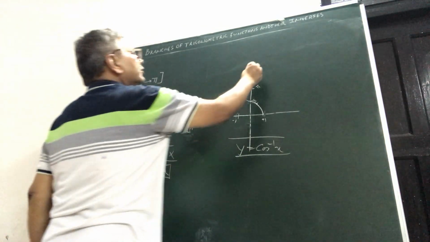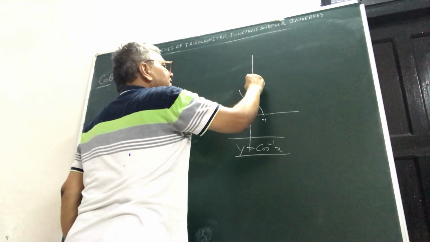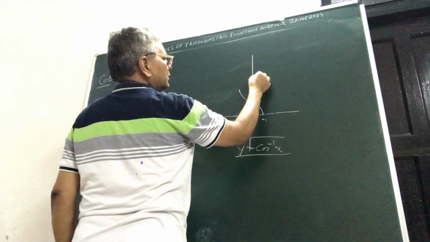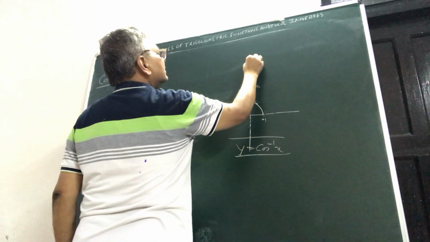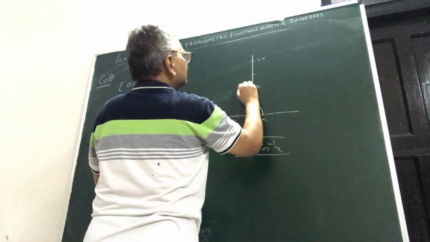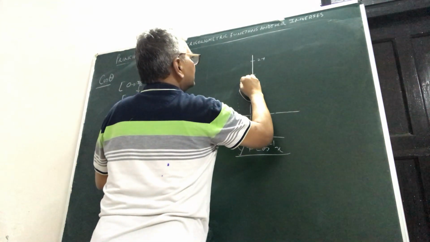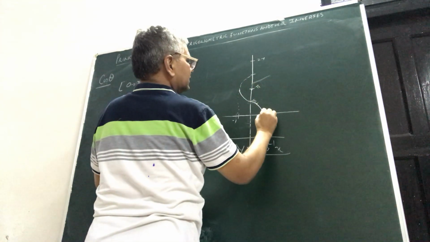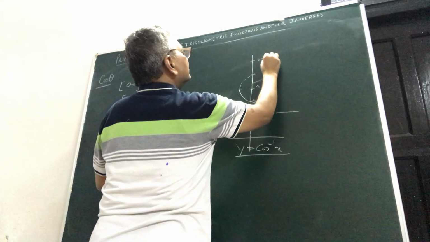If you want to draw further other branches, then see, you just go pi, then 3 pi by 2, then 2 pi. So you can just proceed like this. I am showing it dotted, and then here this way.